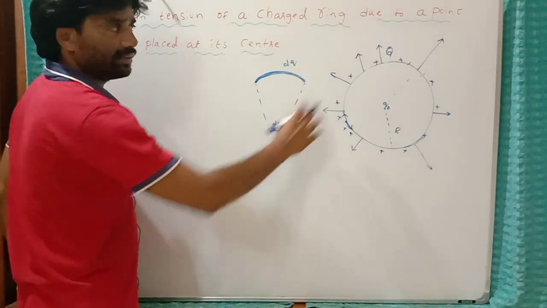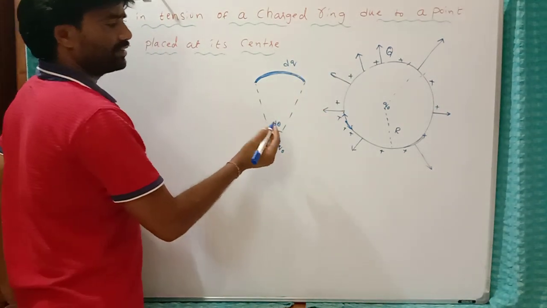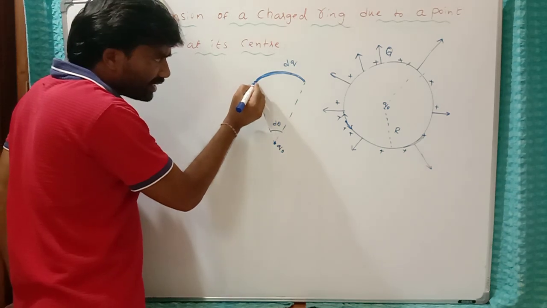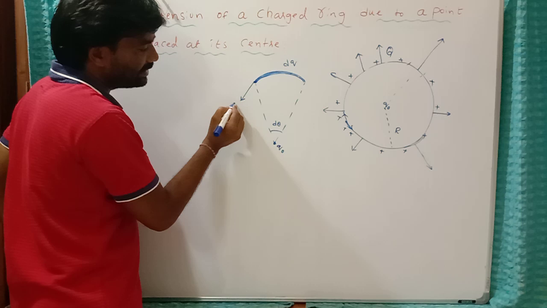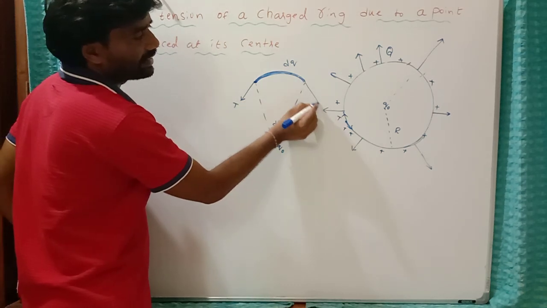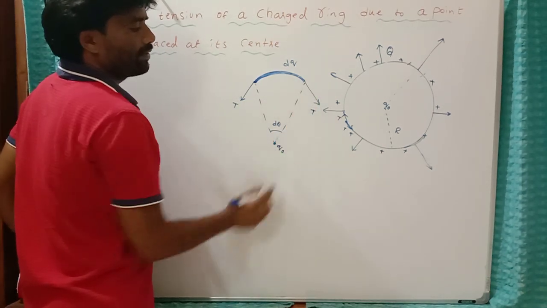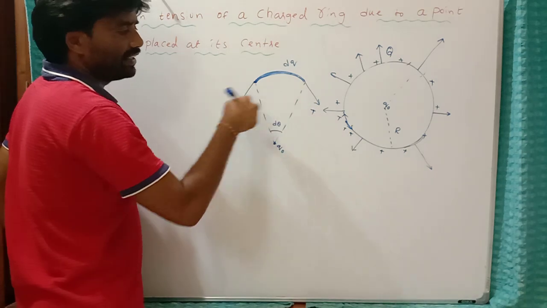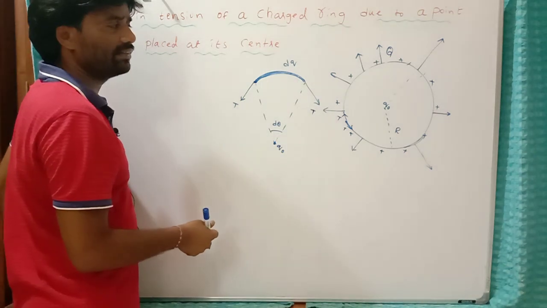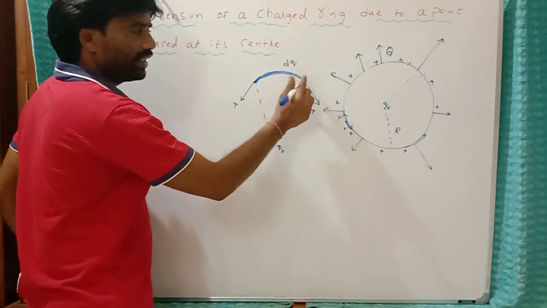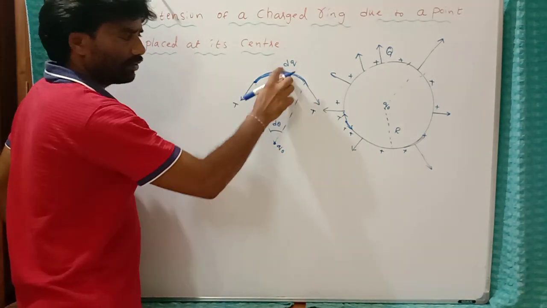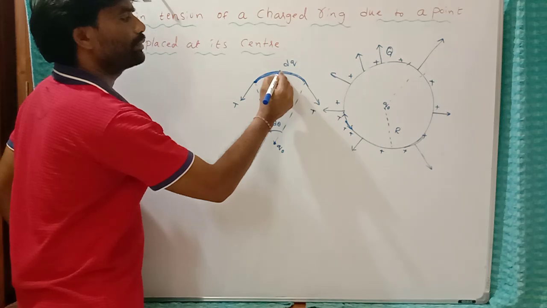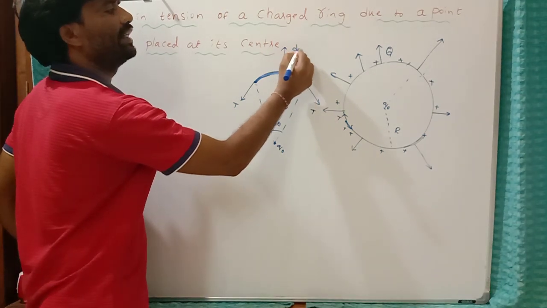Here the tension at this end acts along the direction of the tangent like this. This is T, here also T, and this T is the additional increase of tension. Now there is a repulsive force on the element, directed like this, dF.